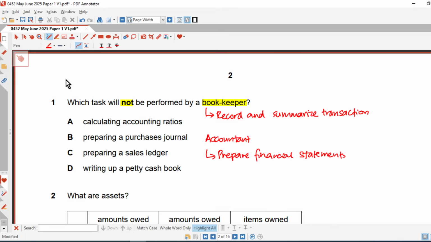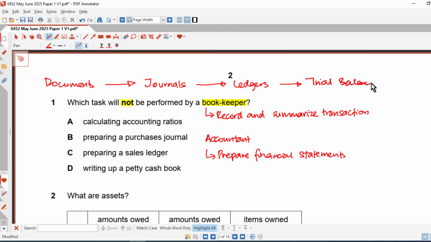So just a quick revision. We always start from documents, right? We summarize the information in the documents into what we call the books of prime entry or the journals. From the journals, we bring over the totals into our T accounts, the ledgers. From there, the trial balance is drawn up.